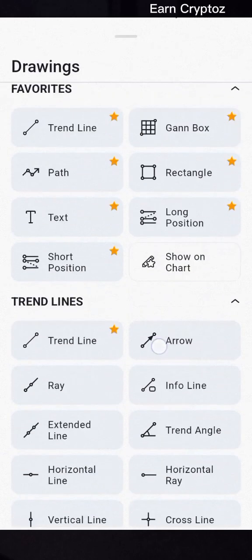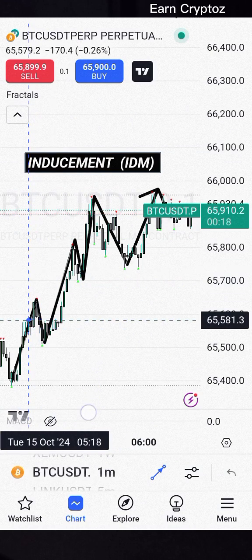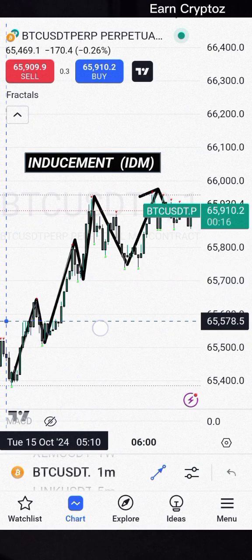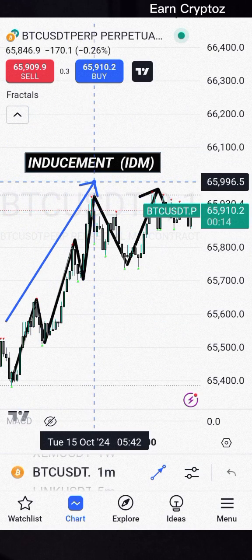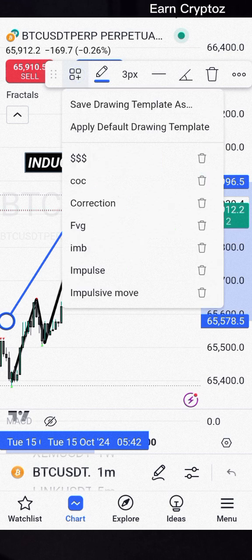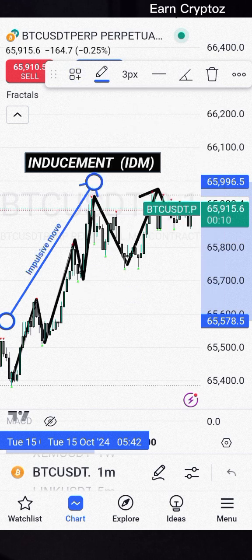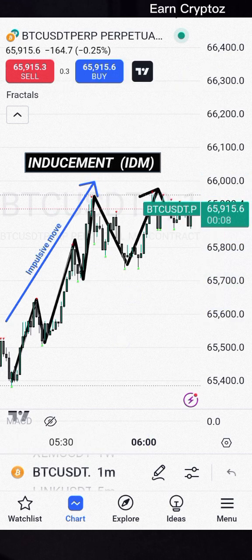So where's our inducement? This move itself, this is the impulsive move. Okay, so this is an impulsive move. You can see pullbacks, valid pullbacks.